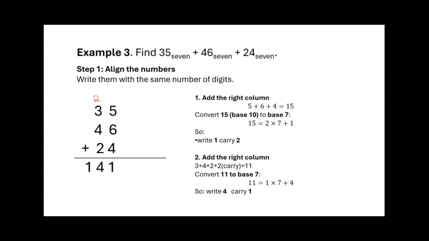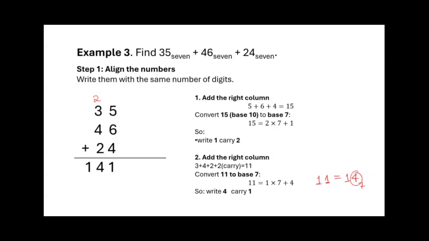On the next column, now I'm going to add 3 plus 4 plus 2 plus the 2 that I carried, and in regular addition that would be 11. But then I've got to convert 11 to base 7, and since 7 fits once and there's a remainder of 4, 11 in base 7 is actually 1, 4, because we need 1 seven and 4 ones.